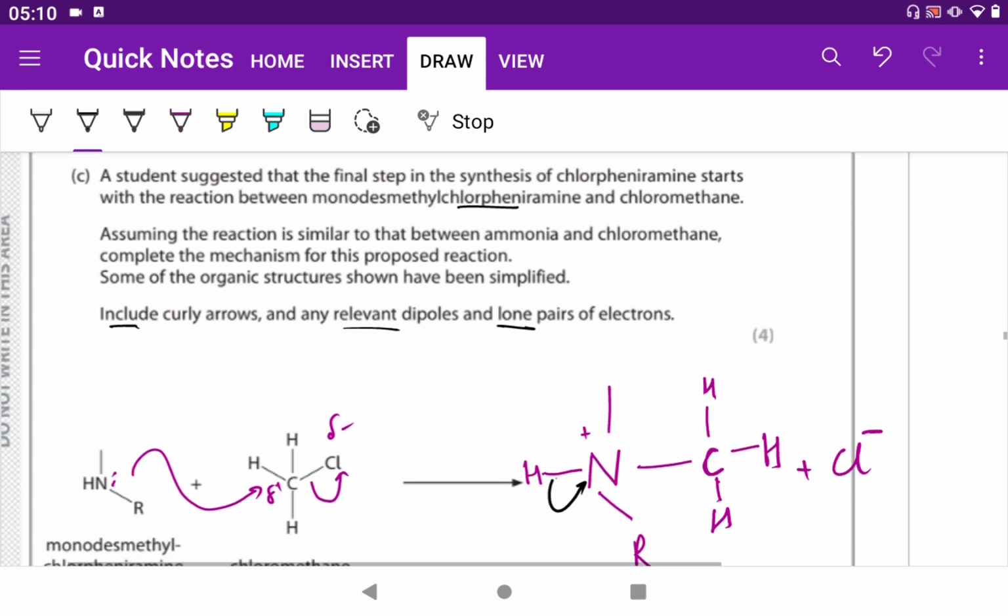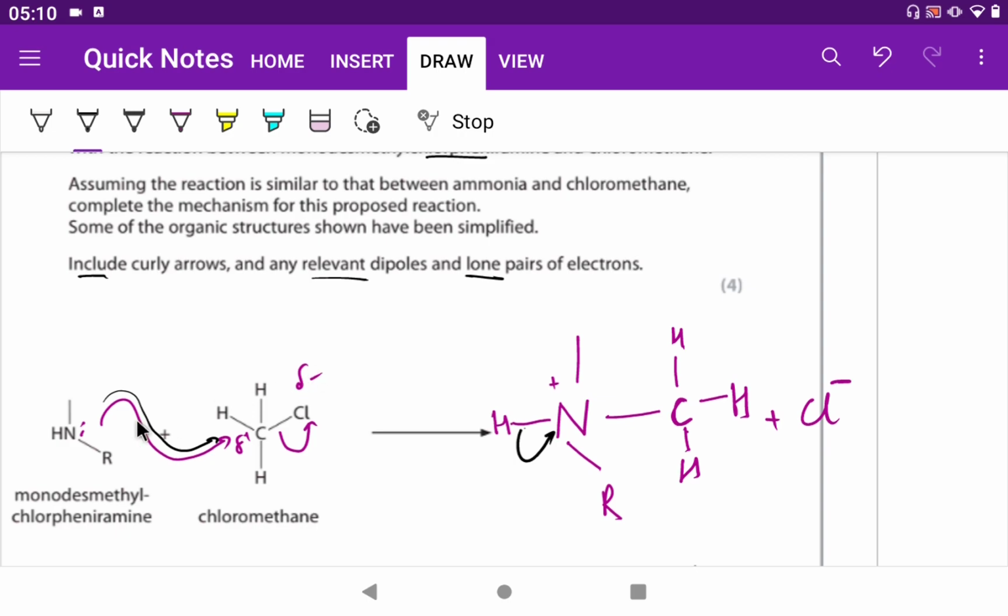So what happened here? The amine has a nitrogen lone pair, and this chloromethane has a delta positive carbon. So this lone pair will attack this carbon and Cl will leave.